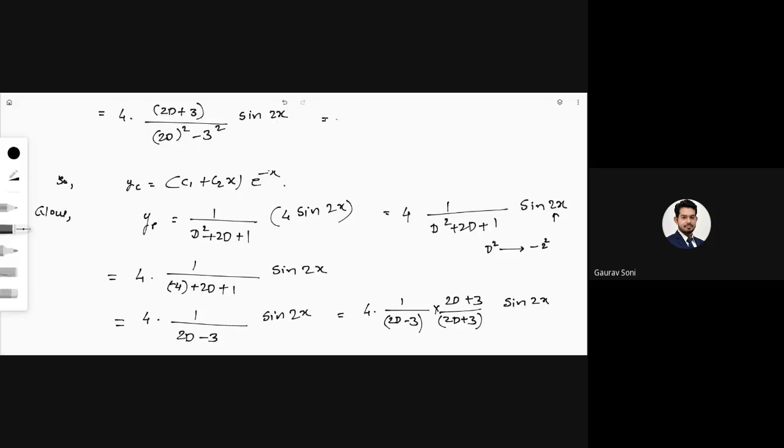So this is equal to 4 into 2d plus 3 upon 4d square minus 9, sine of 2x. Now what I can do is replace d square by minus 4 once again. So that is 4 into 2d plus 3 upon 4 times minus 4, that is minus 16 minus 9, minus 25, sine 2x.